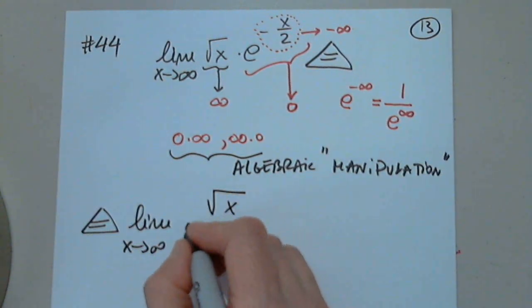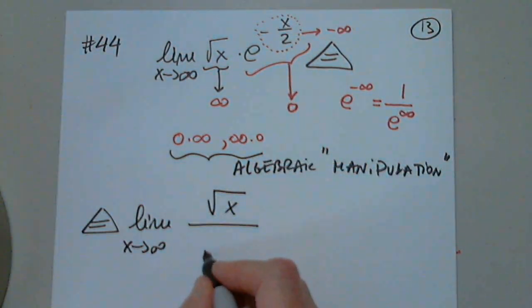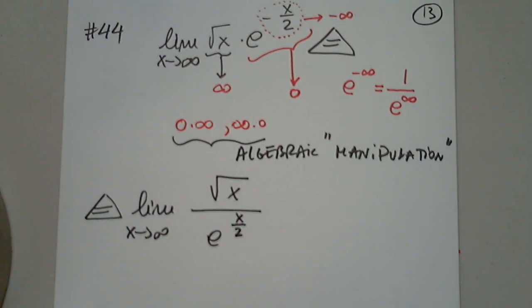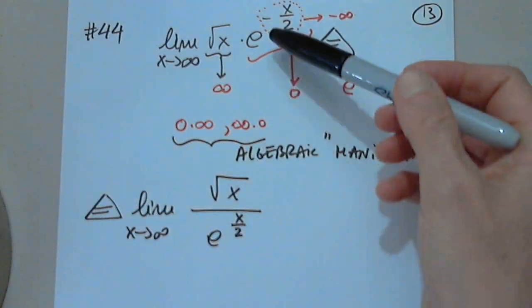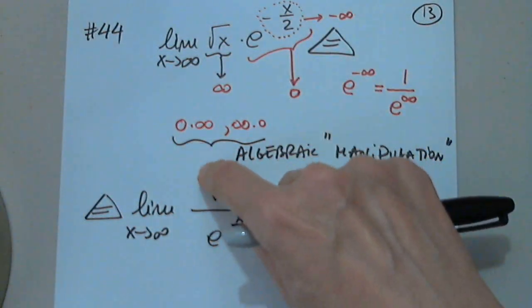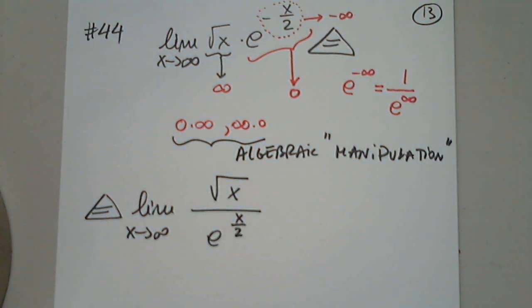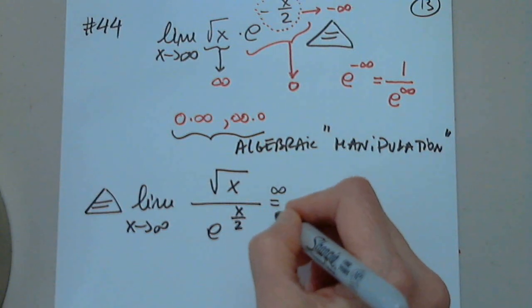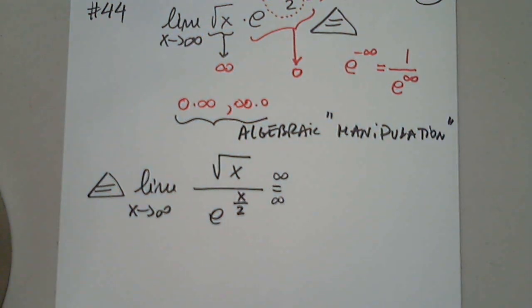I'll leave the square root alone and bring it to the denominator with a positive power. At this point, the function is the same. This product and this ratio are exactly the same because e to negative x over 2 can be written as 1 over e to x over 2. But now I accomplished my target, because I have infinity over infinity.